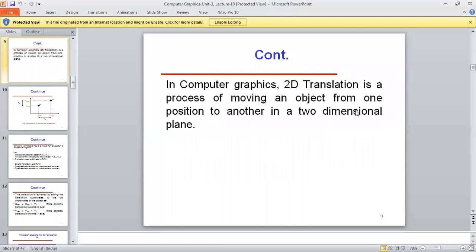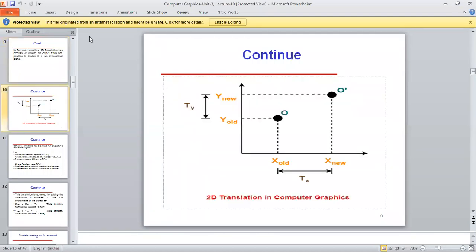Now in computer graphics, 2D translation is a process of moving an object from one position to another in a two-dimensional plane. So translation is nothing but a movement. So you must be aware of this. Now this is the initial state, or the initial points x old and y old. Tx is the movement along the x-axis. This is the translation along the x-axis, and this is the translation along the y-axis.